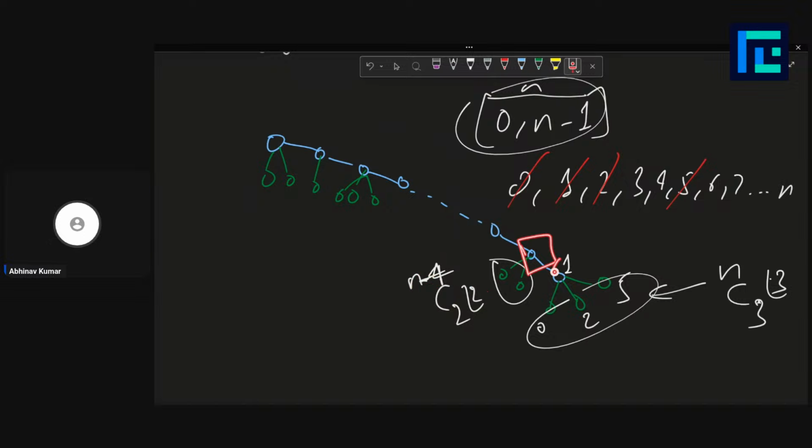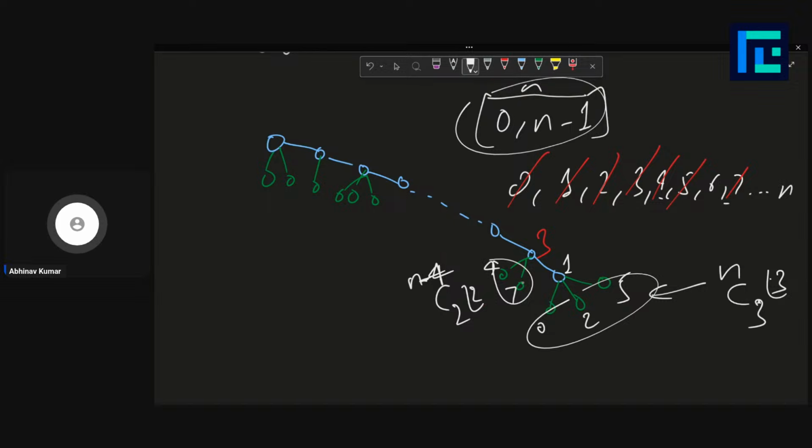And after assigning these 2 values, among the remaining n minus 6 values, whichever is the lowest would be the MEX of this. So let's say for this you assign, among the remaining, 4 and 7. So 4 and 7 were cut out. The minimum remaining value was 3, so 3 got assigned here and got cut out.